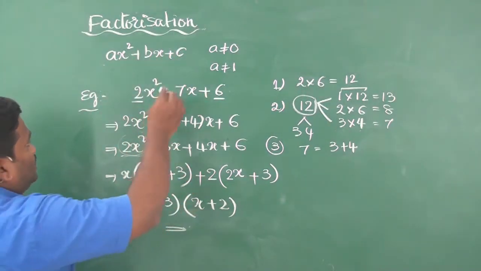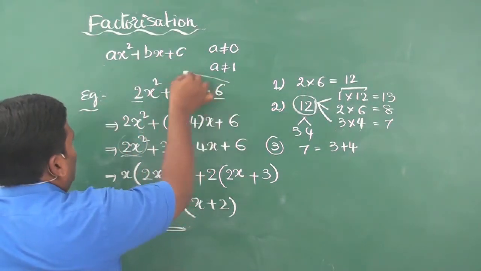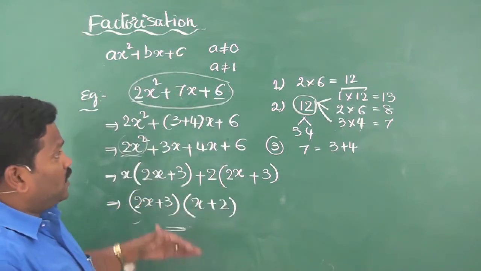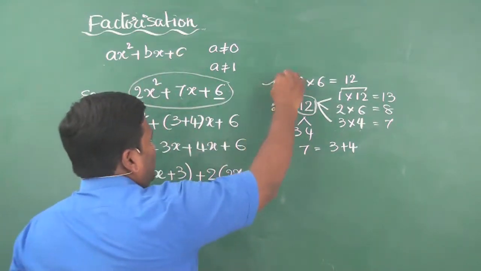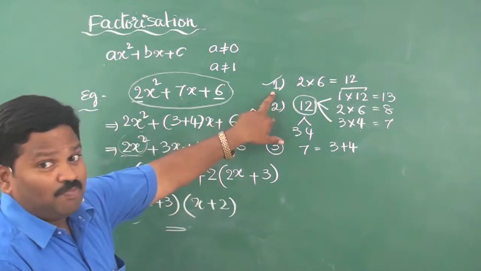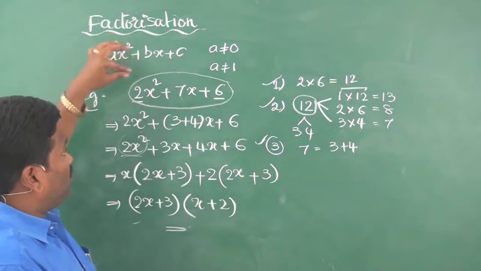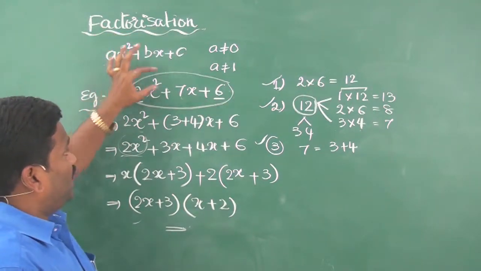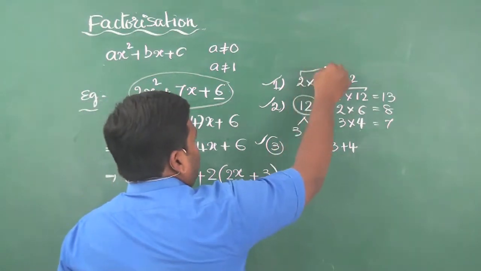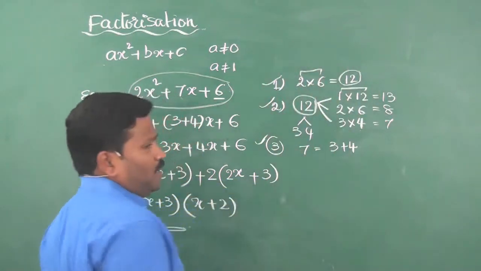See, to factorize a quadratic polynomial, or a non-monic quadratic polynomial, let us follow these 3 steps. What is the first step? Let us multiply the coefficient of x square and the constant. The product is 12.